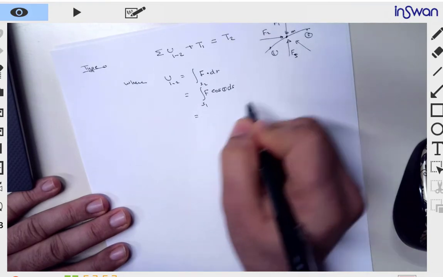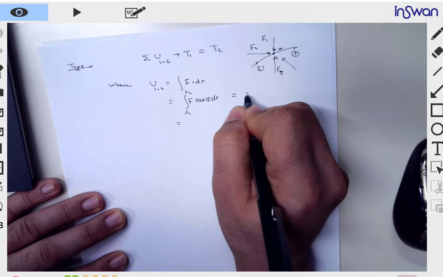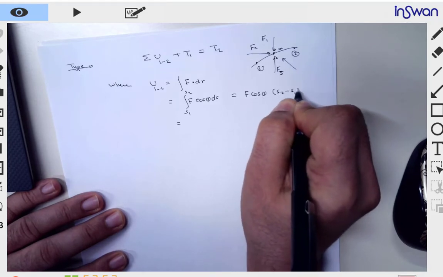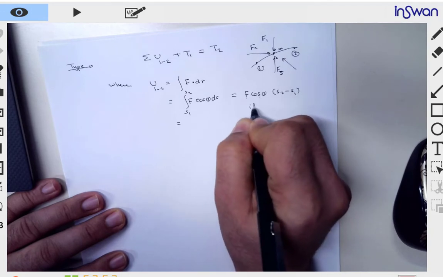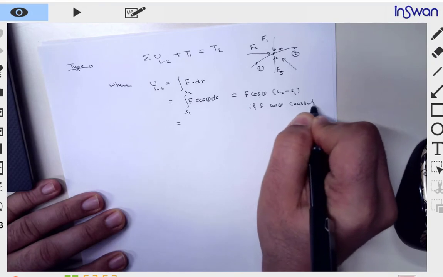Or you can write it simply as F cosine theta times (S2 minus S1), if F cosine theta is constant along that displacement.